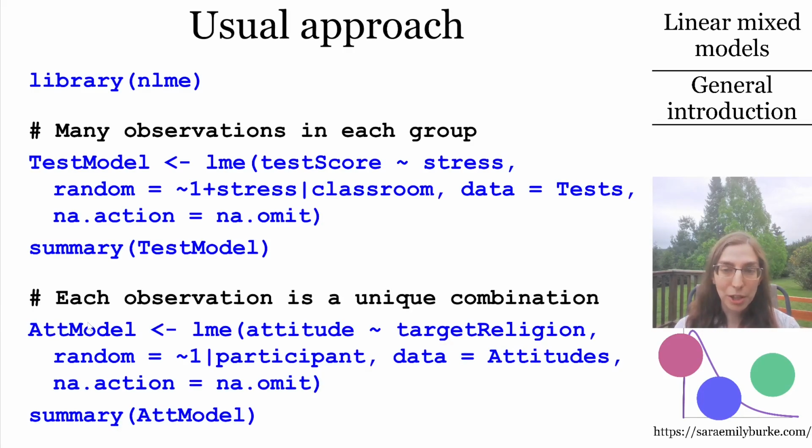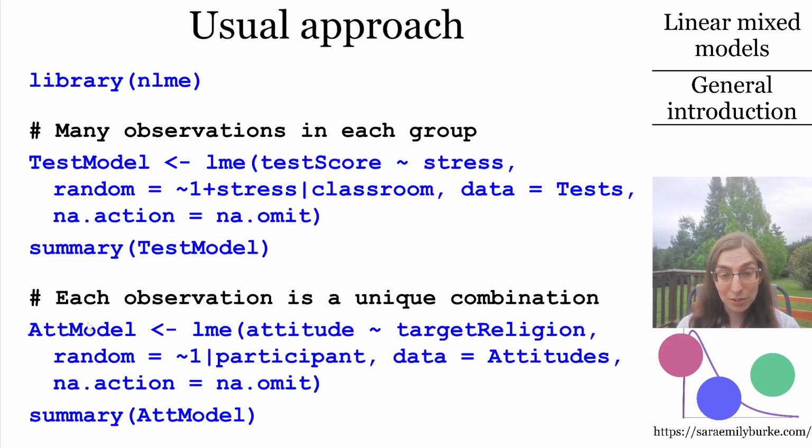But I've been showing you the classroom example this whole time. What about an example where observations are grouped within participants? In most of my own research, I'm doing something more like the religious prejudice example from earlier. Perhaps each participant evaluates 5 religious groups, reporting their attitude on a scale from negative to positive. If there are 100 participants, then there are 500 observations, 100 for each target group, and observations are clustered by participant.